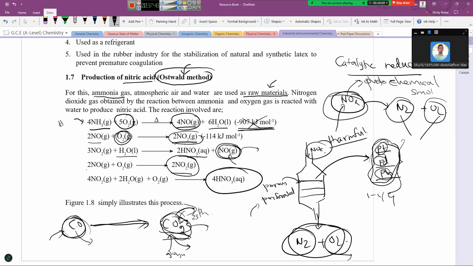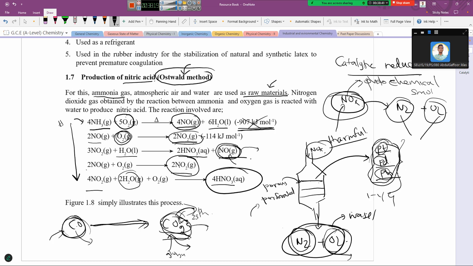If you use this NO gas in the catalytic converter, it can only be made into N2 gas and O2 gas, so this is waste. But if you just oxidize it to NO2 gas, then NO2 gas can be dissolved into water to produce HNO3. So you should remember all these five reactions.